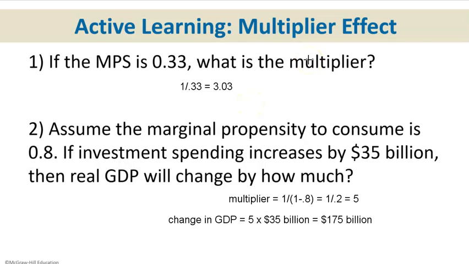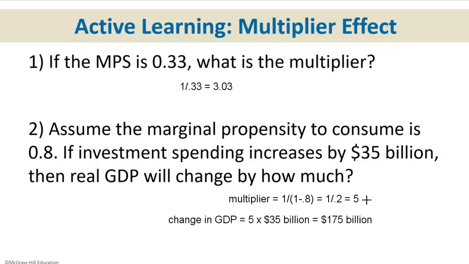The second problem has 2 steps. Step 1, if you're given the MPC, you want to find your multiplier first. So the multiplier formula for the MPC is 1 divided by 1 minus MPC. Make sure you solve for the bottom portion first. So 1 divided by 0.2, which will give you a multiplier of 5.